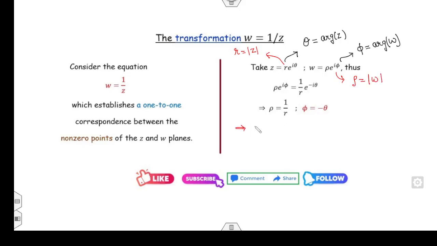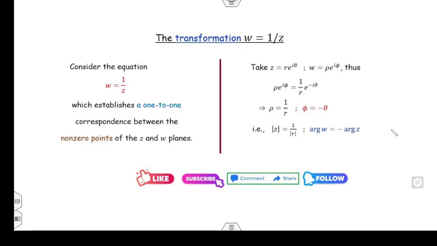So you can see from here that the modulus of w is 1 over the modulus of z, and the argument of w is equal to minus the argument of z.